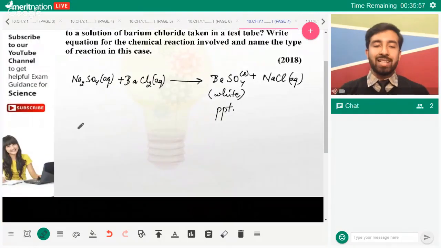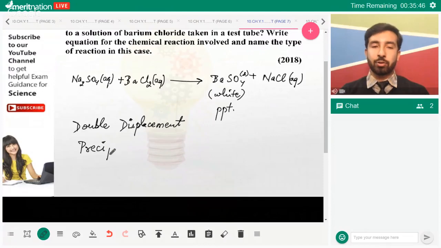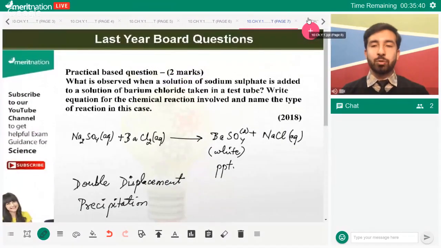We all know that this reaction is an example of a double displacement reaction, as well as a precipitation reaction. So I hope this question is also easy and clear to all of you.